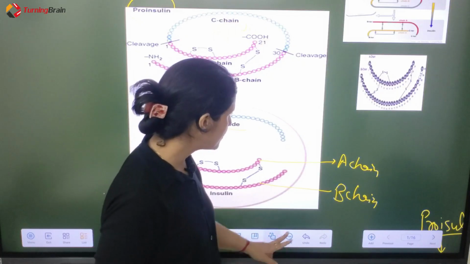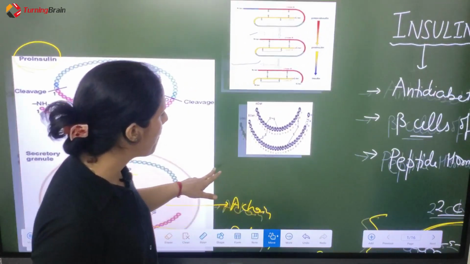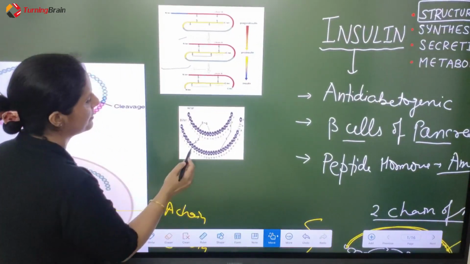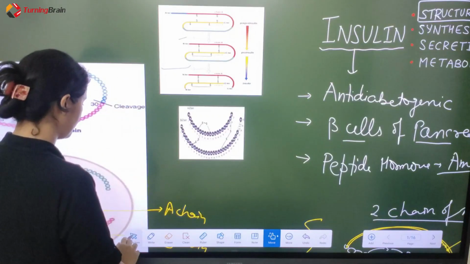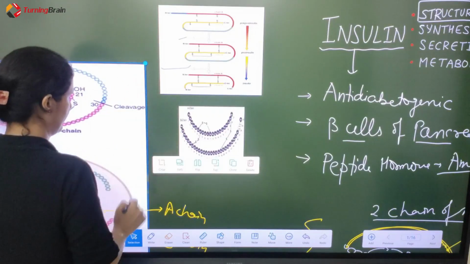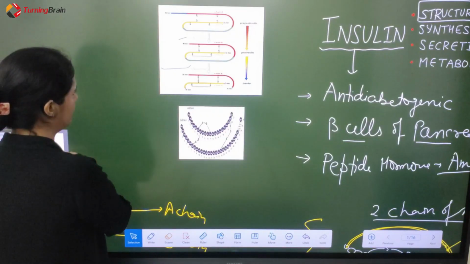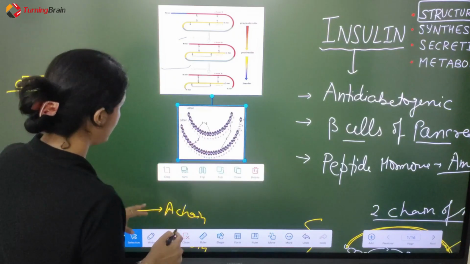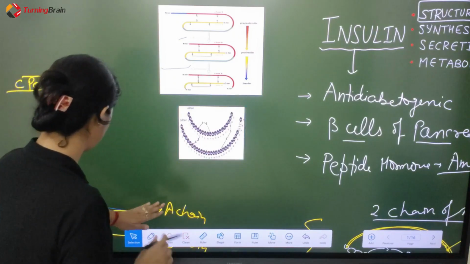Now, how is this formed? Just see this another diagram also. Now I will enlarge this diagram. Okay.